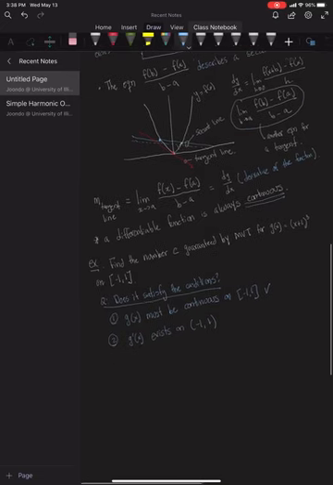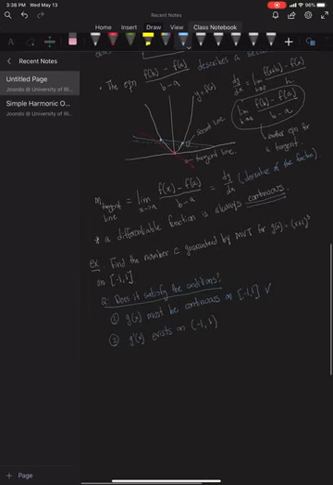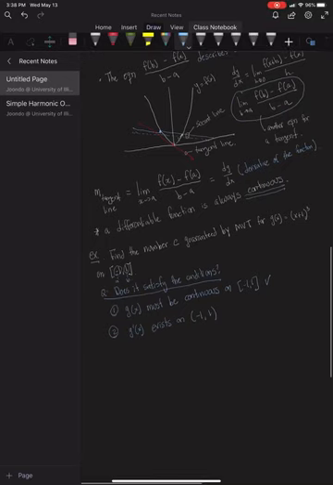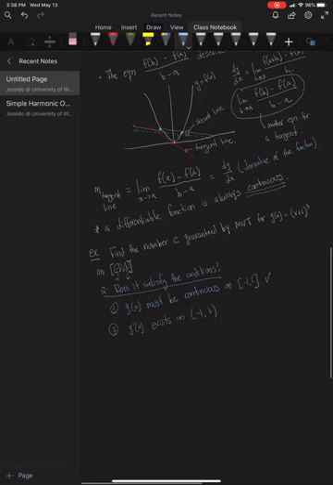So from here, we know that this here is A, this is B. So we have to find what this is: F of B minus F of A over B minus A.